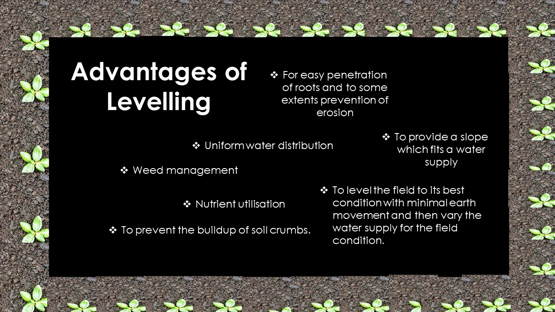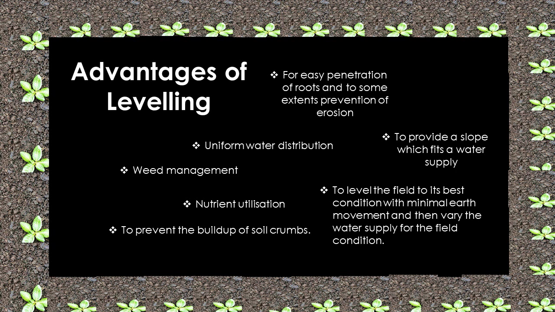Some advantages of leveling are easy penetration of roots and, to some extent, prevention of erosion. Leveling helps in uniform water distribution, weed management, and nutrient utilization. It prevents the buildup of soil crumbs.